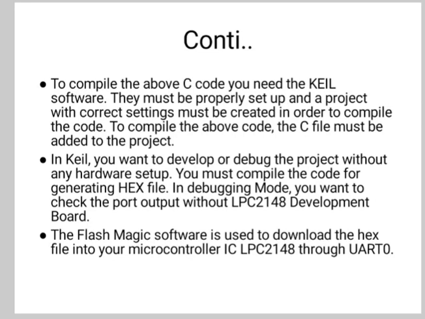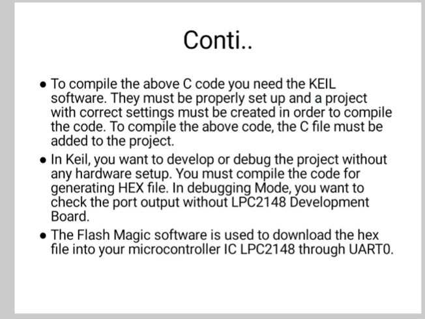To compile the above C code, we need the Keil software that must be properly set up, and a project with correct settings must be created in order to compile the code. To compile this code, the C file must be added to the project. In Keil software, we can develop or debug the project without any hardware setup.